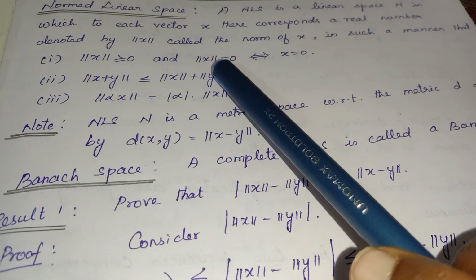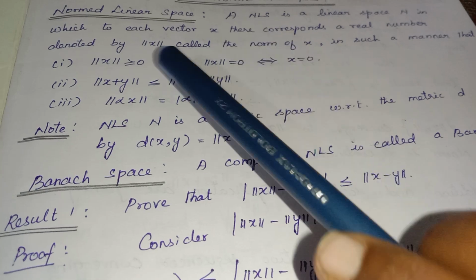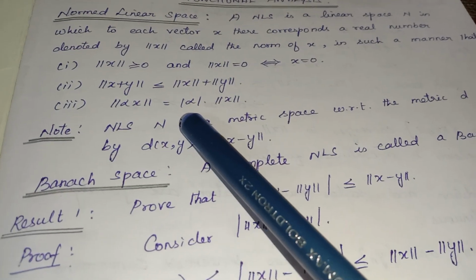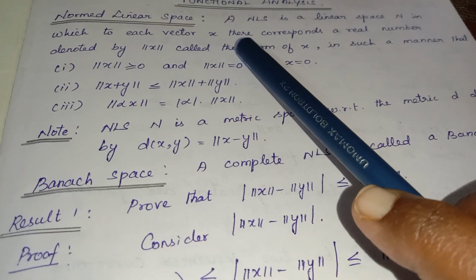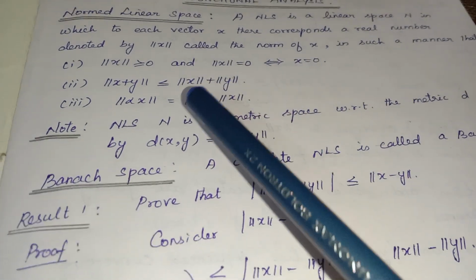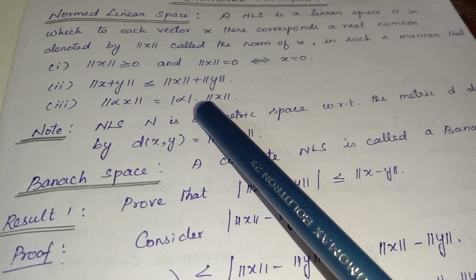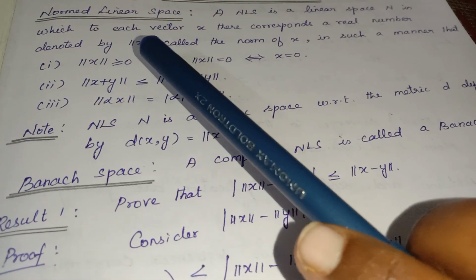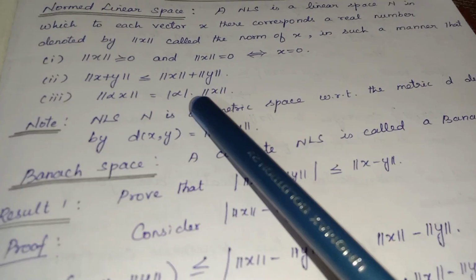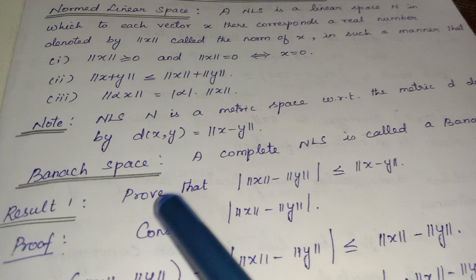If these three properties are satisfied, that space is called a normed linear space with respect to the given norm. For a given linear space, we can define norms in different ways; it need not be unique. The thing is, it has to satisfy all three criteria, and then it is called a normed linear space.